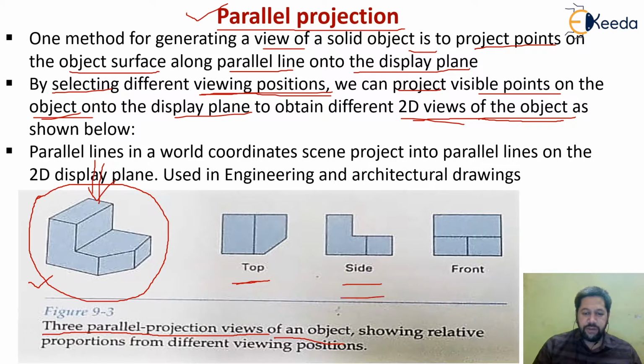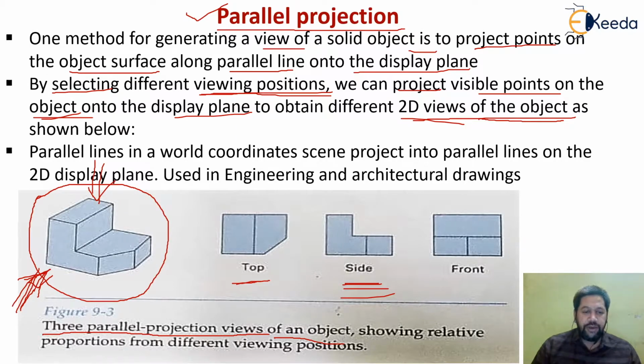Where is my camera, where is my viewing position? My viewing position is in this direction. So consider that I'm capturing the image from this side, side view. Then I will get this and this, and I just have this line, and this is the side view of my object.